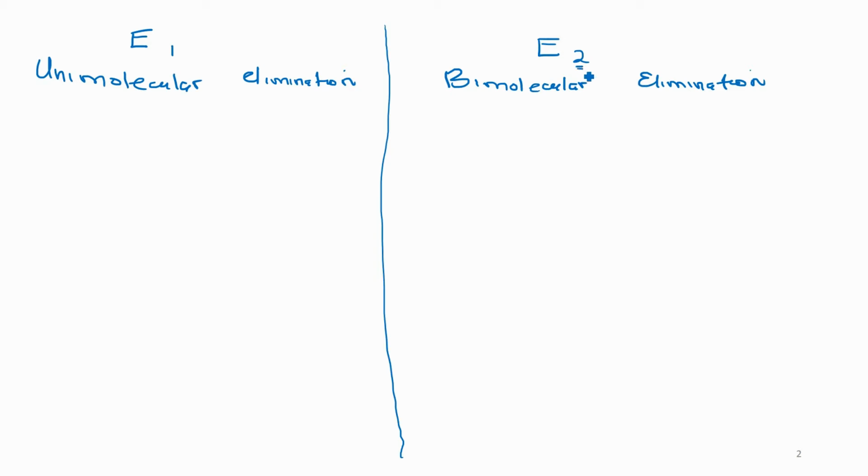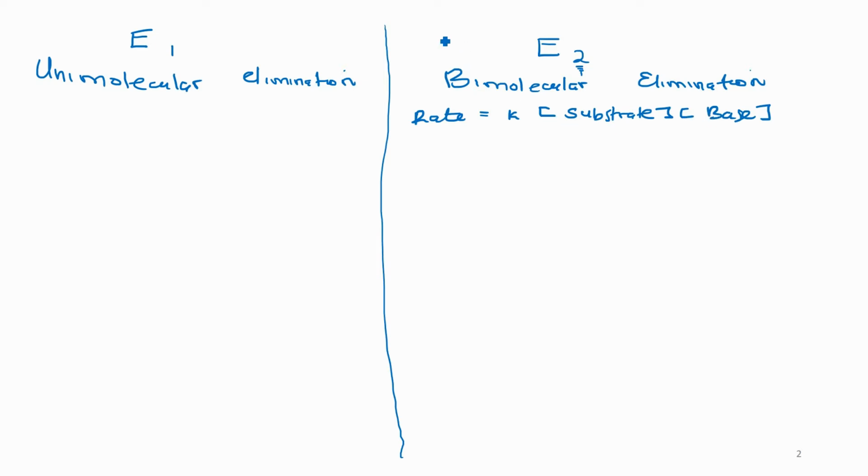Two species determine the rate. So the rate of reaction for E2 is very similar to that of SN2. This time we're going to call it a substrate, not electrophile, because the rate is affected by the concentration of the substrate and the concentration of the base. We are using the base, not the nucleophile.